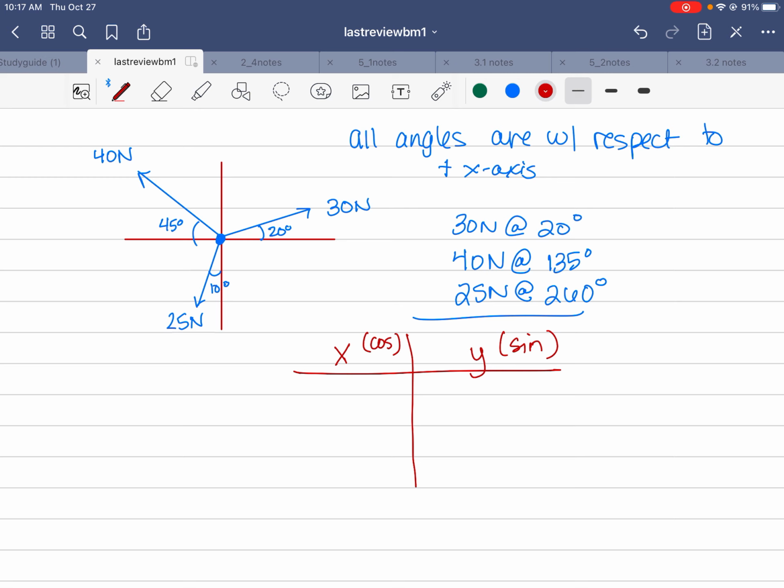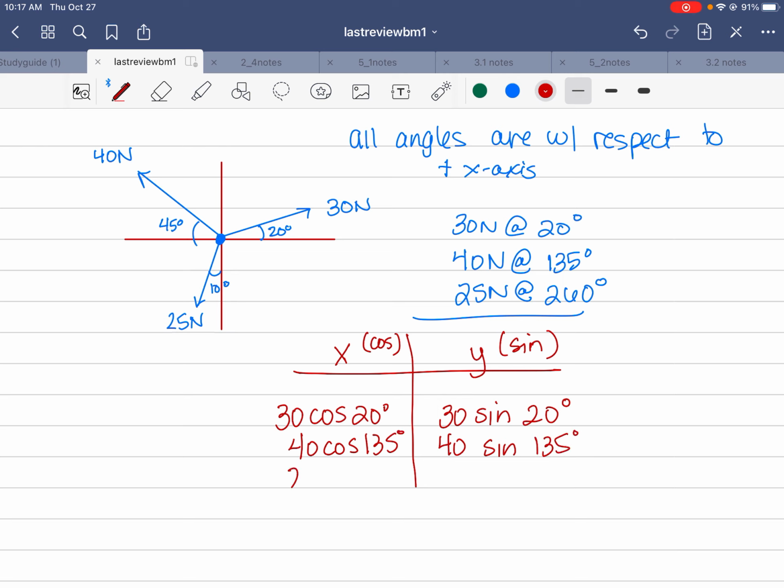So here's my X values. I've got 30 cosine 20 degrees. And then my Y value is going to be 30 sine 20 degrees. Then the next vector will be 40 cosine 135 and 40 sine 135.